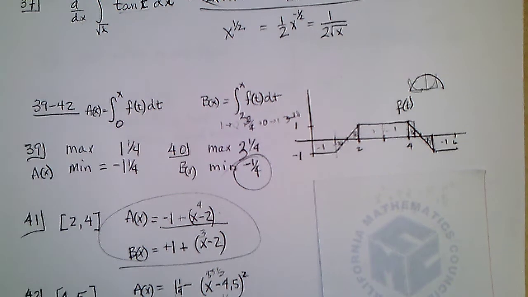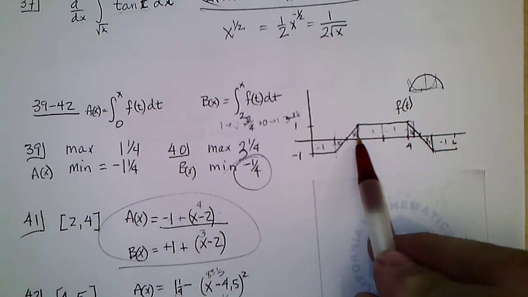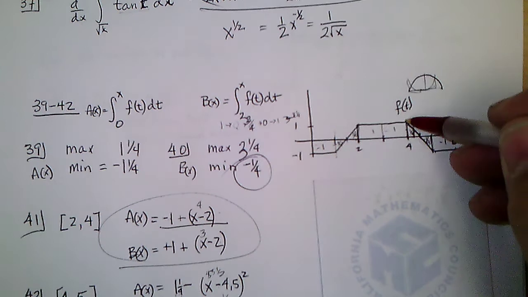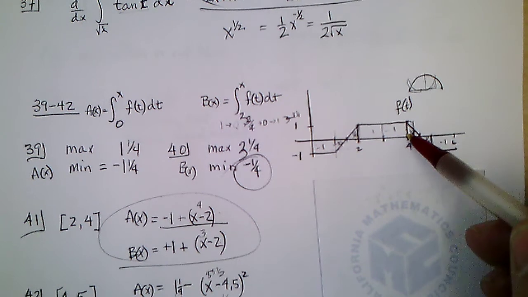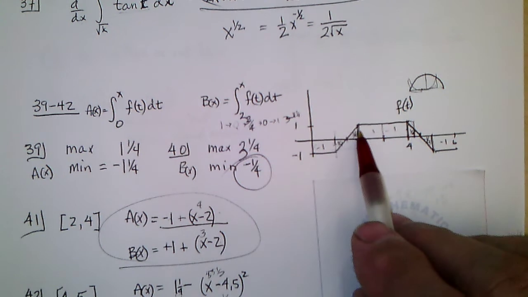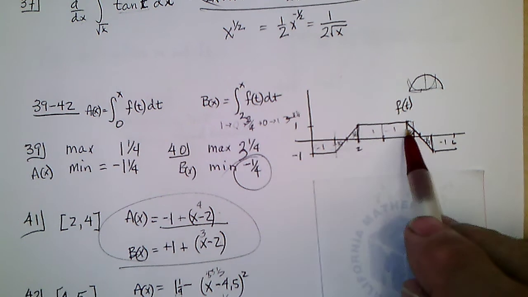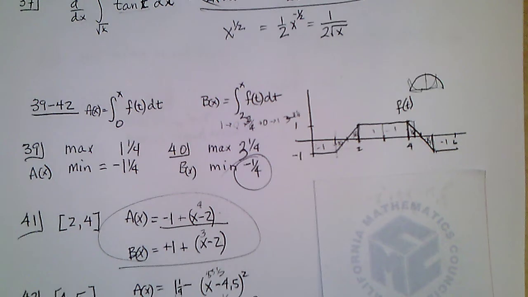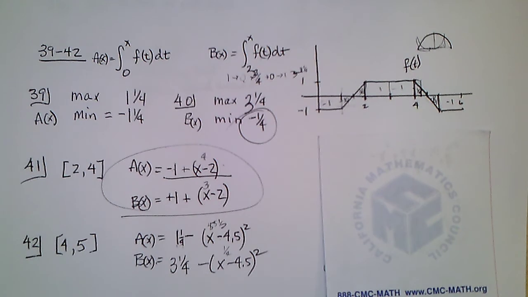And for B, now I just have to adjust the difference. A to here was 1, and B to there was 1. These cancel. And then this becomes 2, 3. So I want 3 1/4 minus that. Okay.